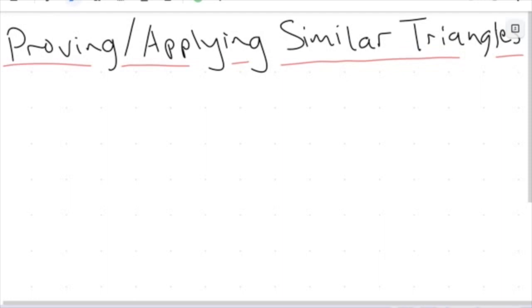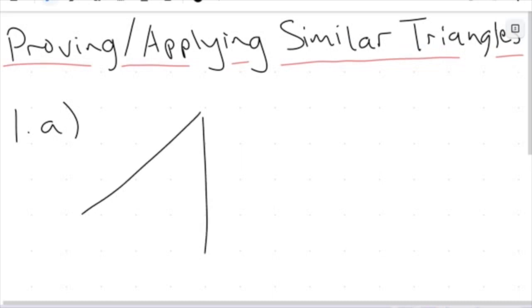So let's jump straight into some questions, because in the previous video I covered all of the similarity tests and everything you need to be able to prove two triangles are similar. So let's jump straight in with a couple of questions in which we're going to revise what we looked at in the previous video, as well as learn a couple of new things in terms of application.